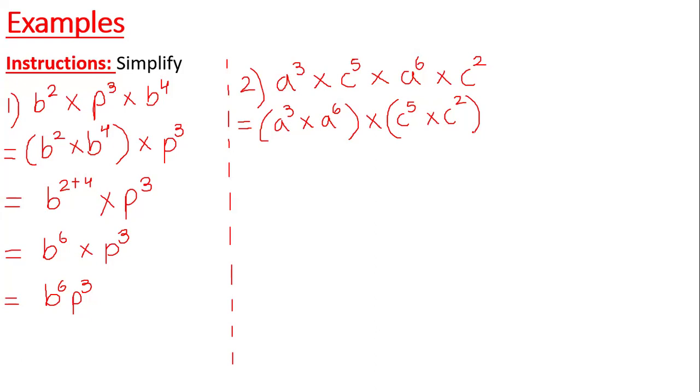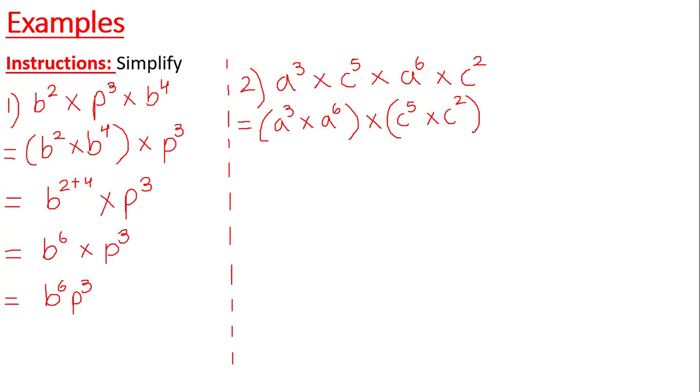So it's a to the power of 9. Very good. Then you add 5 plus 2, and it gives you 7. So c to the power of 7. Very good.